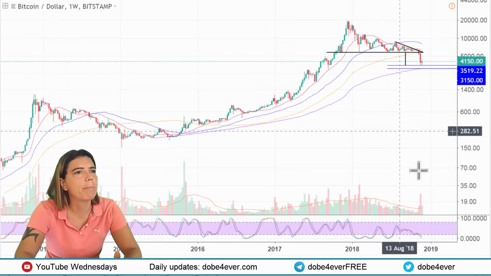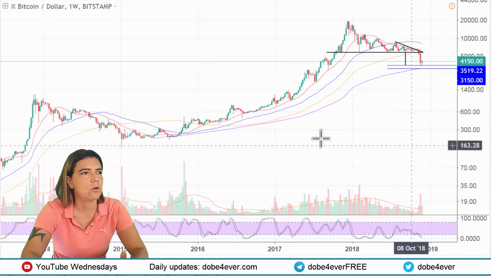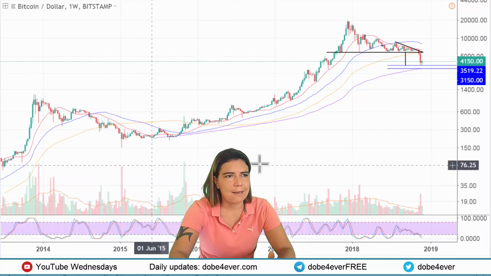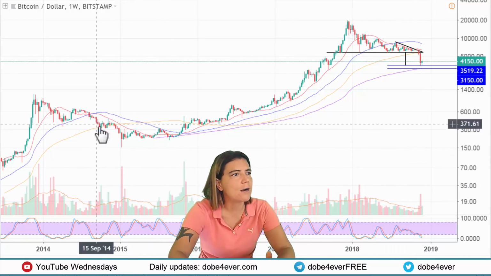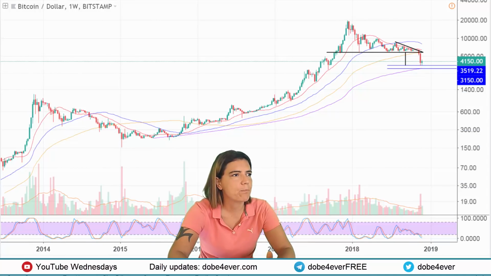If we compare the current situation with the previous bubble, I think based on volume and chart patterns, we are right here.